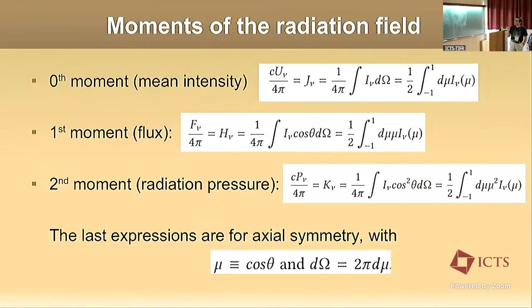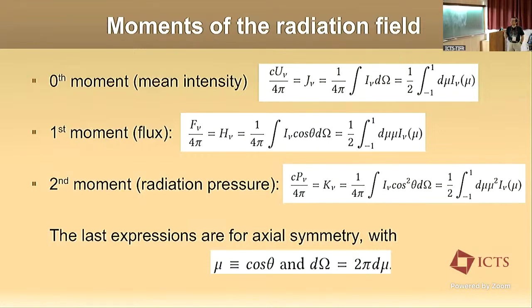And if you do the same thing in a cylindrically symmetric way, projecting in cylindrical coordinates, in an axisymmetric way, it looks like this. It's just the intensity integrated over the angle with respect to the axial symmetry, and there is some coefficient.